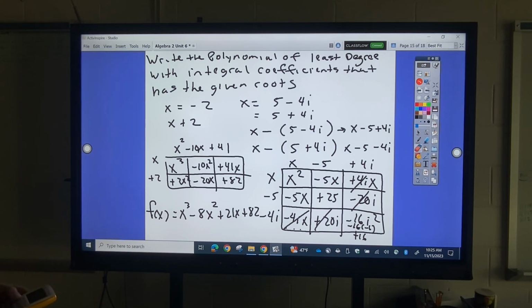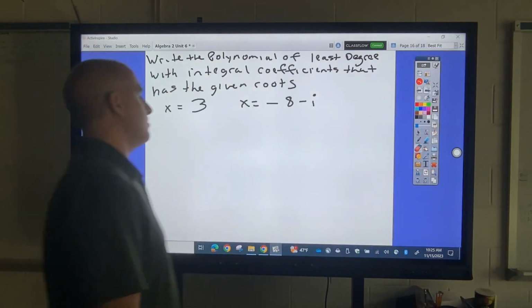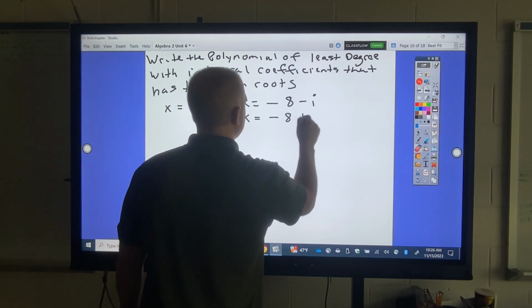Let's double check this real quick. All right, so I got, hold on. That's right. Okay, so let's do this one. So my other answer here is x equals negative 8 plus i.